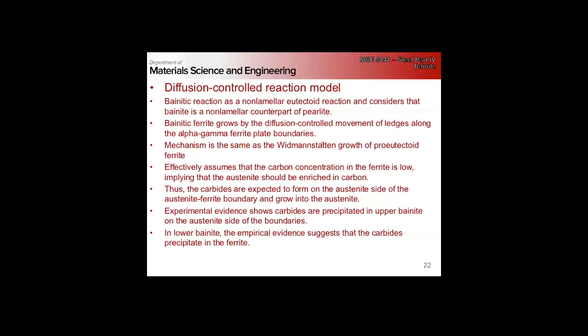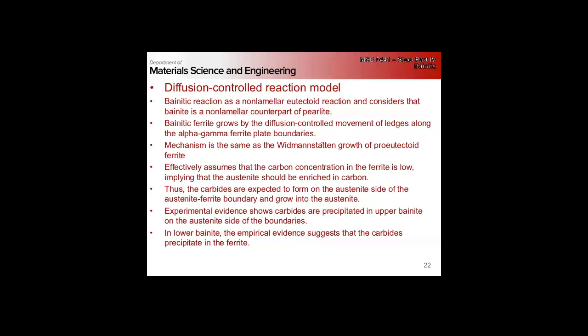But for lower bainite, a lot of the experimental evidence shows just the opposite, that the carbides are nucleating on the ferrite side, right? Which is odd because that's where we're lowering carbon, right? Of course, in lower bainite, you can make the argument that we're diffusing slower and the ferrite is more supersaturated than the austenite is carbon enriched, right?